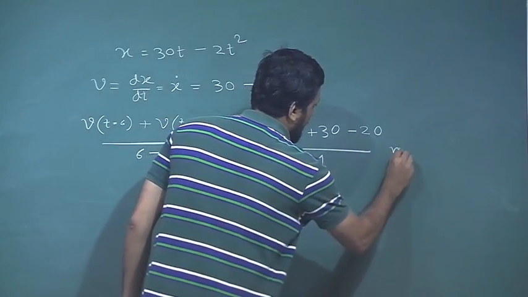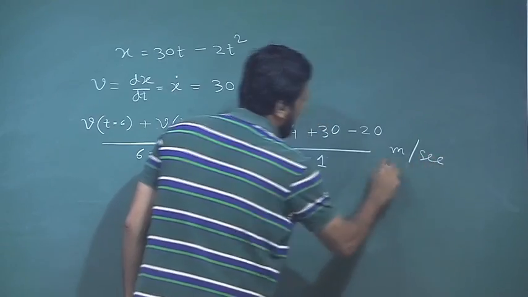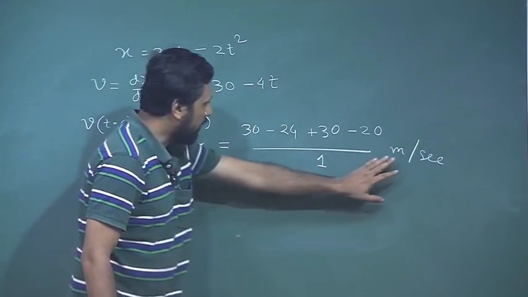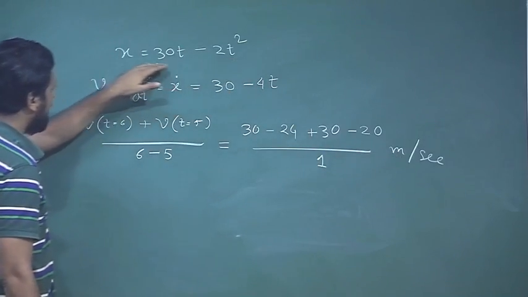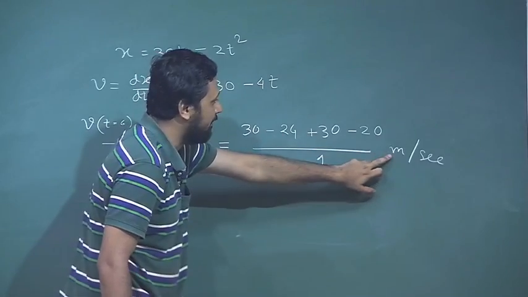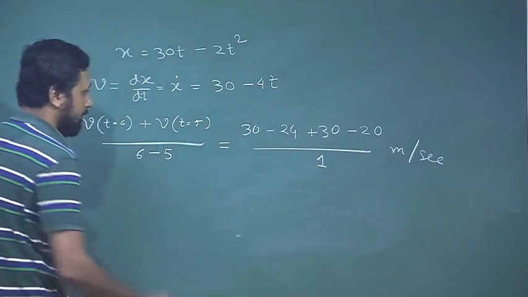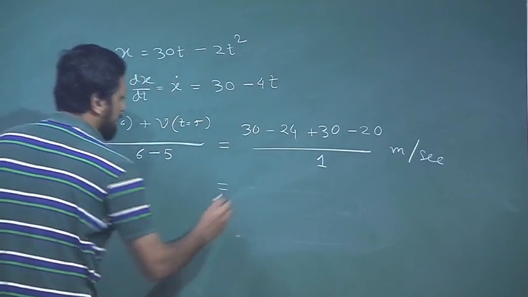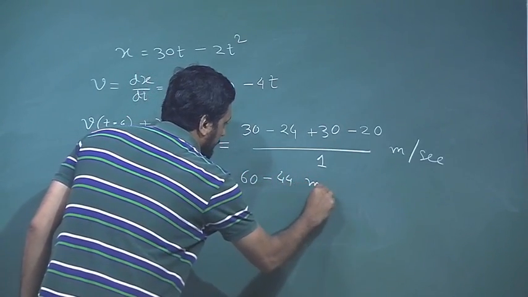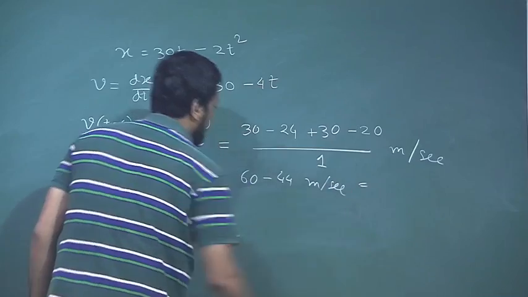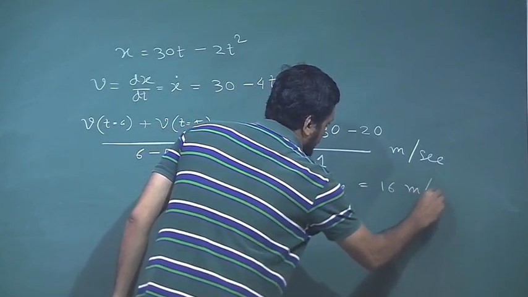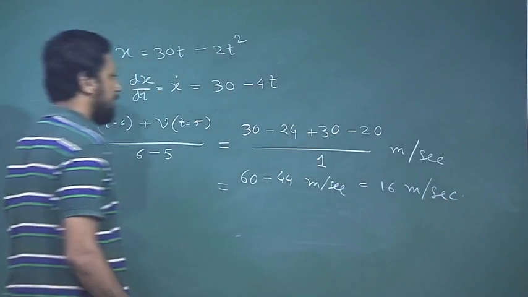I am just putting a unit of meter per second, it could be kilometer or centimeter per second, it does not matter really, because the unit of x is not specified. So essentially this gives 60 minus 44 meter per second, which is 16 meter per second.